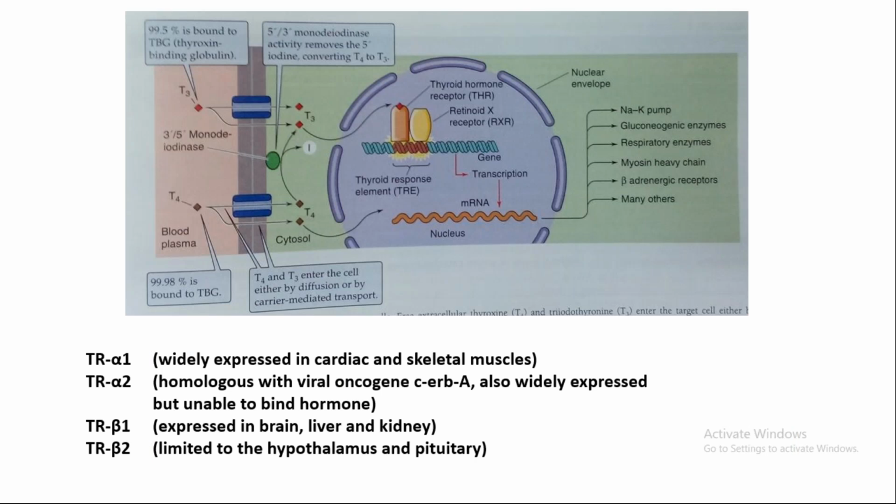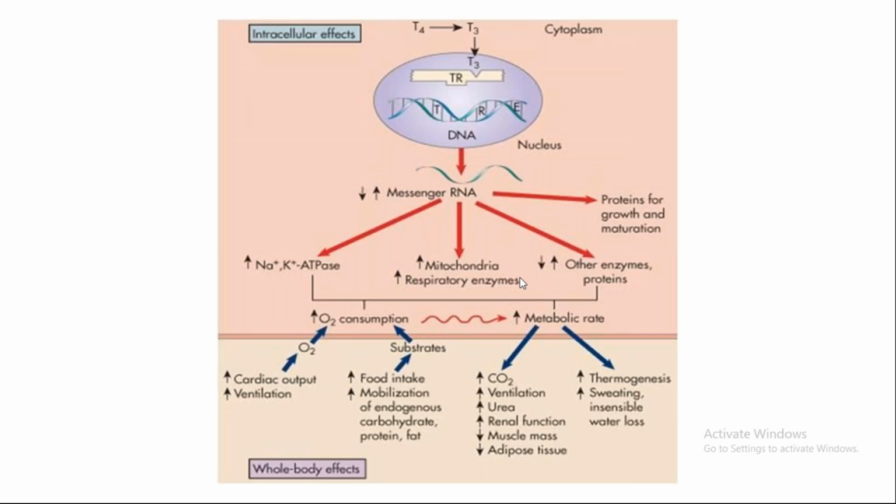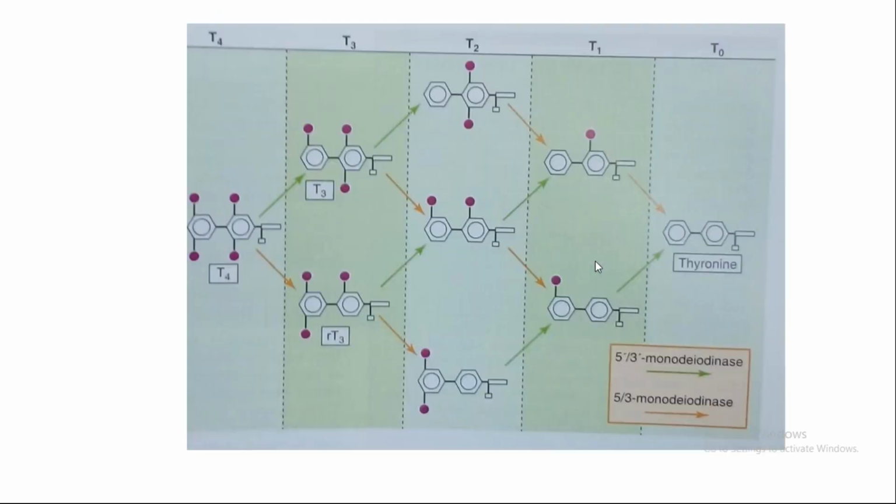This deiodinase enzyme is removing the iodine from its binding site, and ultimately that will lead to degradation of the structure. This is how it is degraded peripherally. These deiodinase enzymes are of three types: number one is D1, number two is D2, and number three is D3.